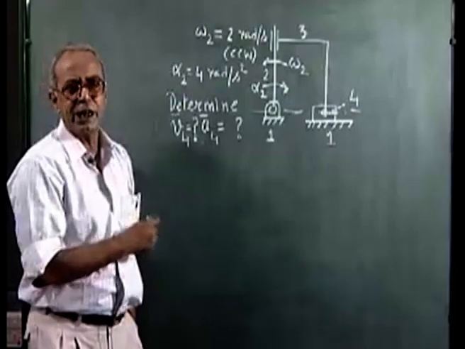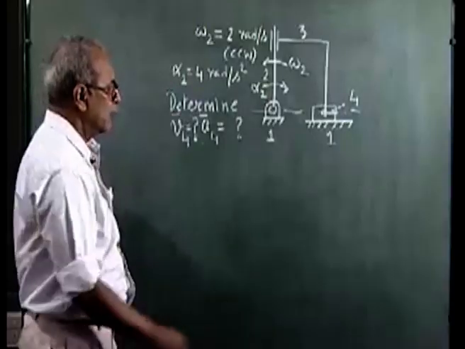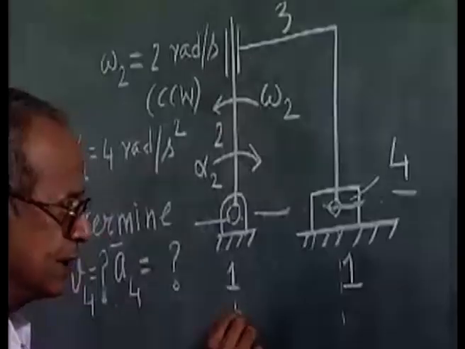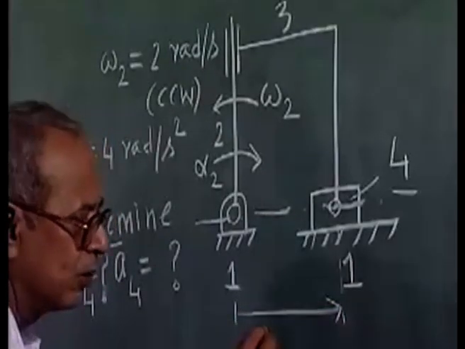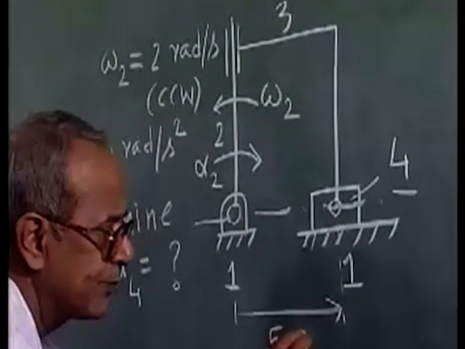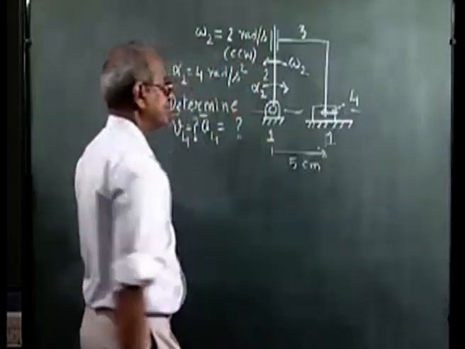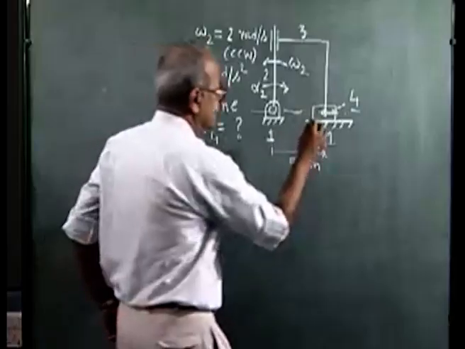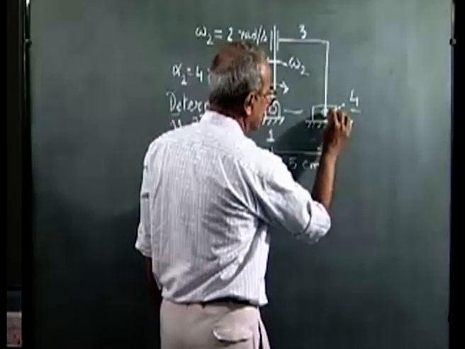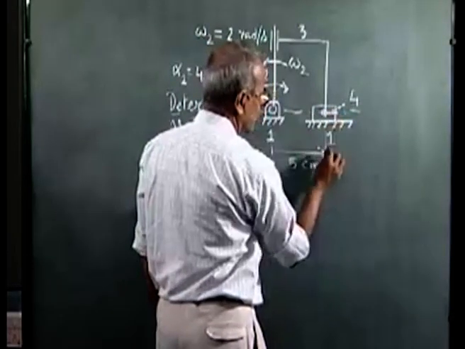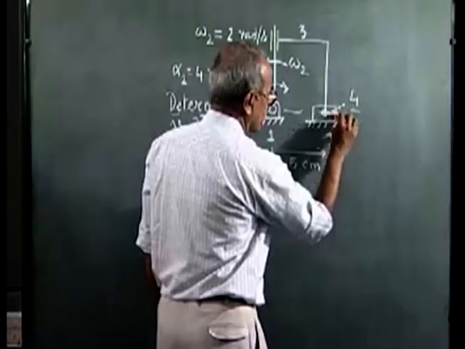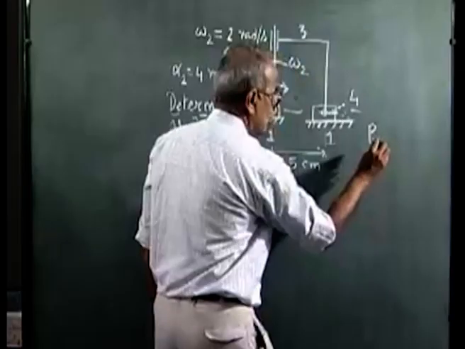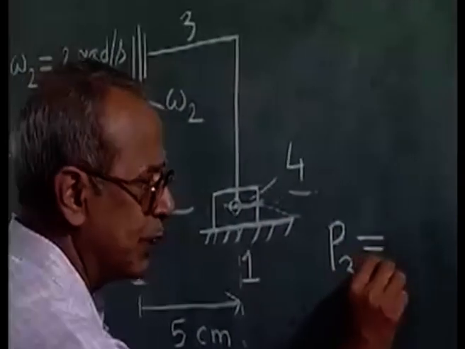So let me first carry out the velocity analysis, and we are given, suppose this distance at this configuration is, I take another numerical value, say 5 centimeter. To carry out the velocity analysis, I consider instantaneously coincident points at this revolute axis of the block center and call it P3, which is always coincident with P4.